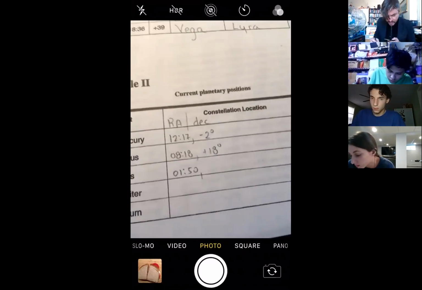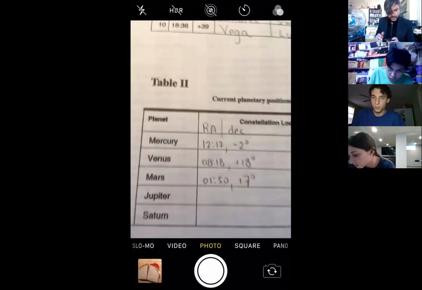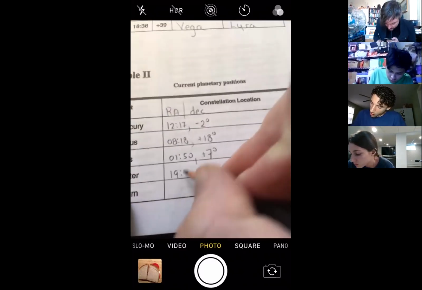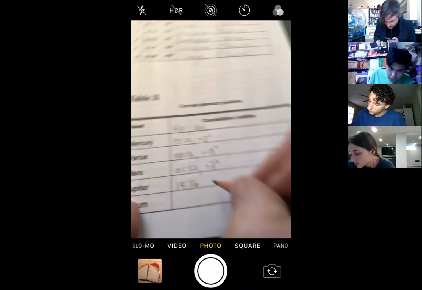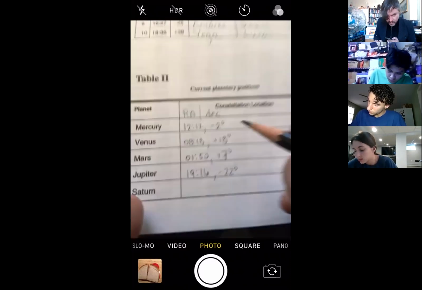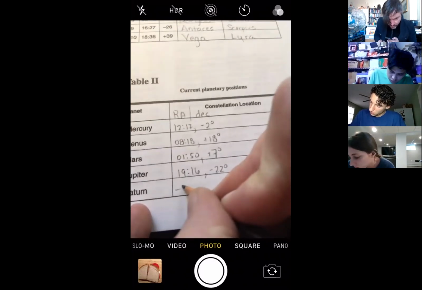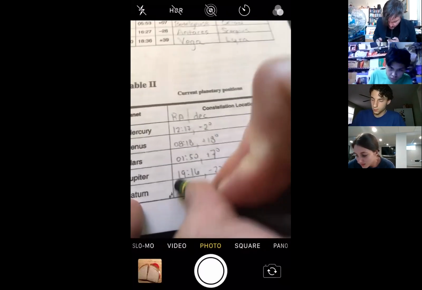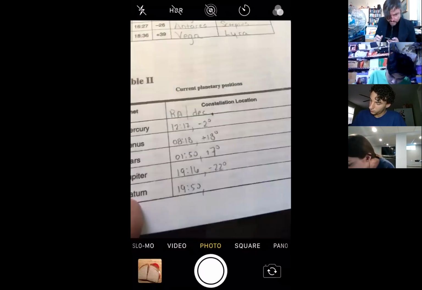Mars's declination is positive 7 degrees. For Jupiter, we've got 1916, minus 22 degrees. Saturn, negative 21 degrees and 17 arc minutes. Oh, sorry. 19 hours and 50 minutes and negative 21 degrees.